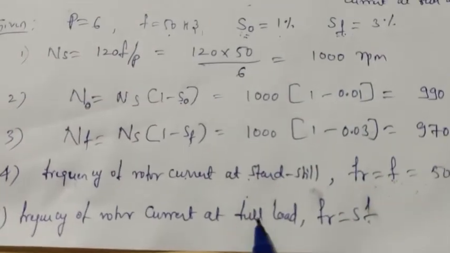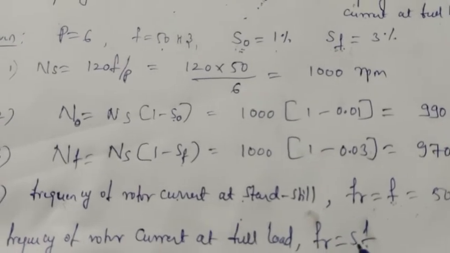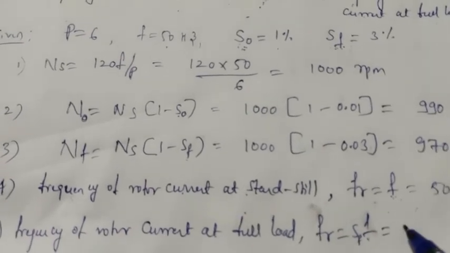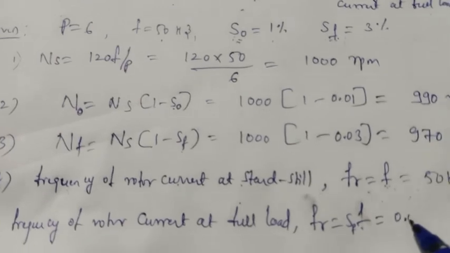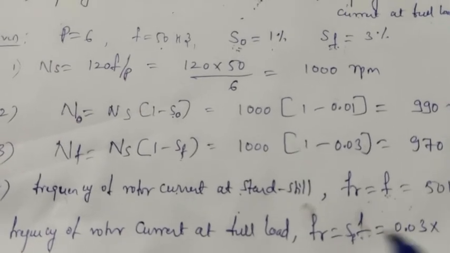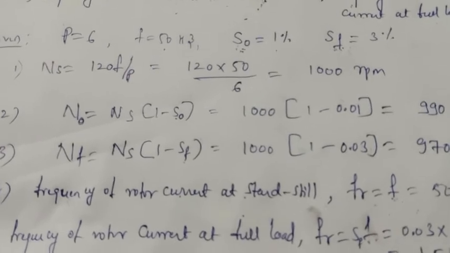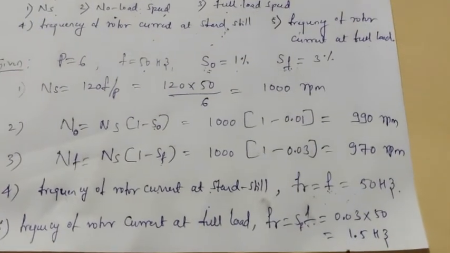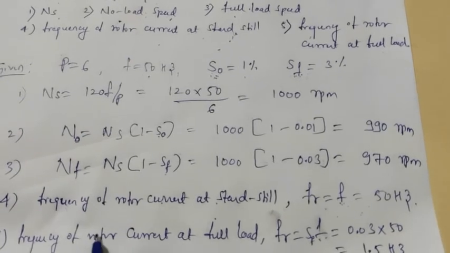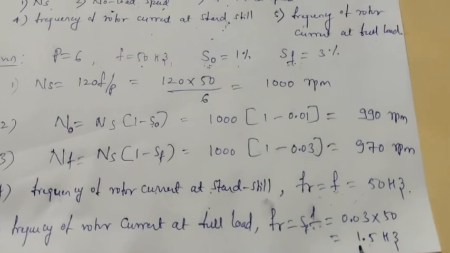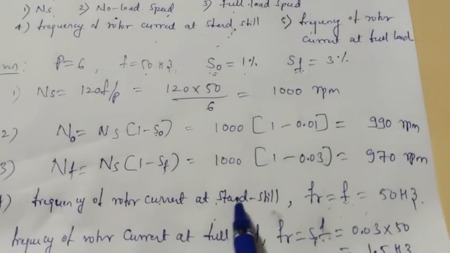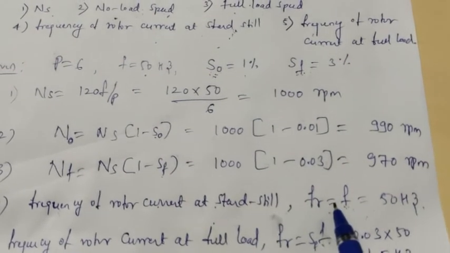We are taking full load, so obviously S is also the full load slip. So 3% means 0.03 into F, which is 50 Hertz. You will get 1.5 Hertz. Here you can say that the frequency of rotor current at full load condition is 1.5 Hertz, and at standstill condition it is the same as the supply frequency, that is 50 Hertz.